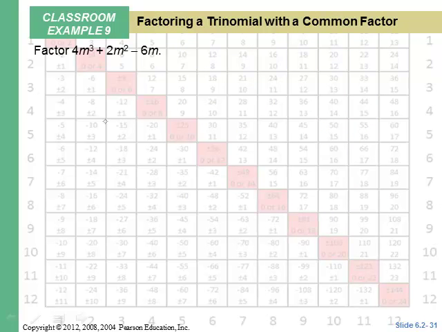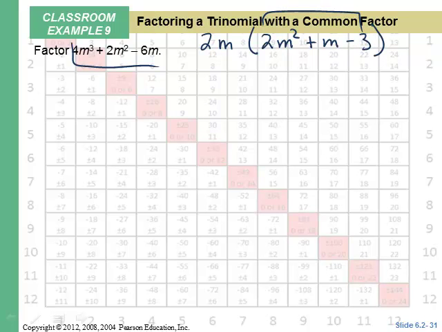Okay, sometimes, remember, we can factor out, and in this case we can factor a 2m out front, and we're left with 2m squared plus m minus 3. What two numbers multiplied equals 6 are 1 apart, right there. So factor that into minus 2m plus 3m minus 3, 2m squared.